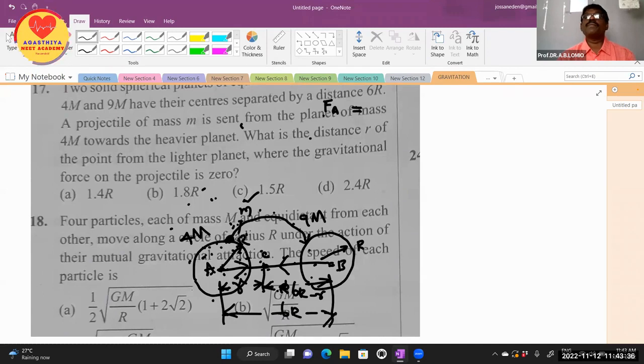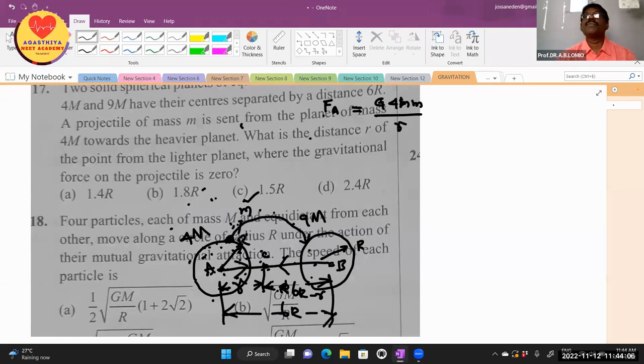What is the governing formula? Gravitational constant, mass of one body m1, mass of another m2, by R square. Very good. Now you substitute G, 4m, small m, and the distance between the two masses. What is that distance? We are taking that distance as r.